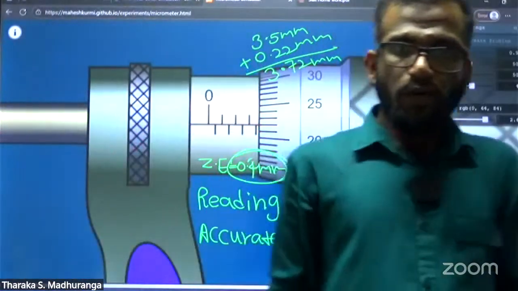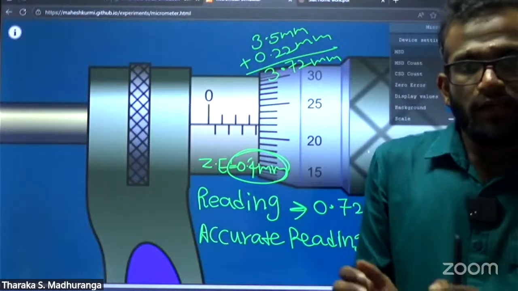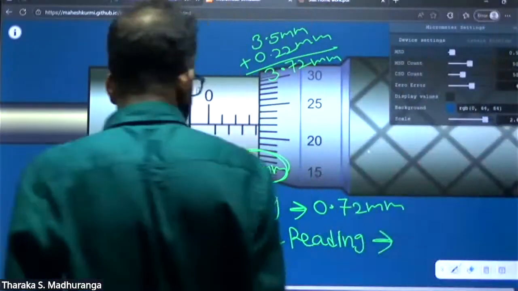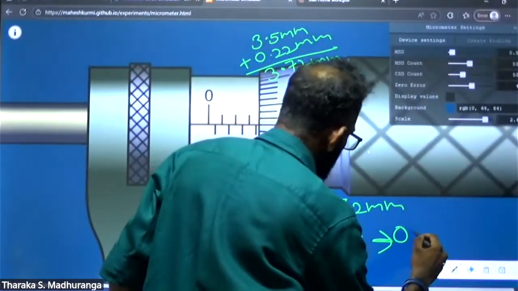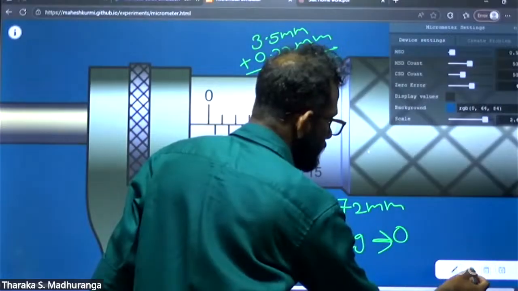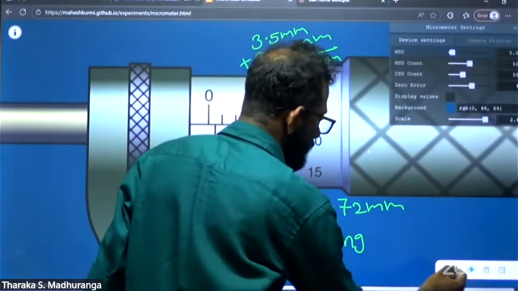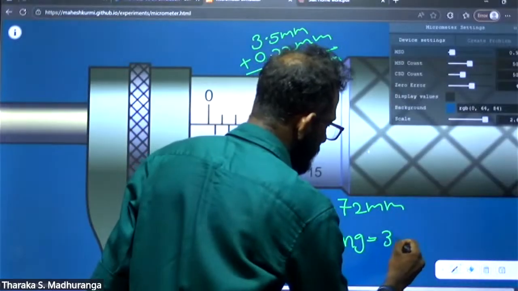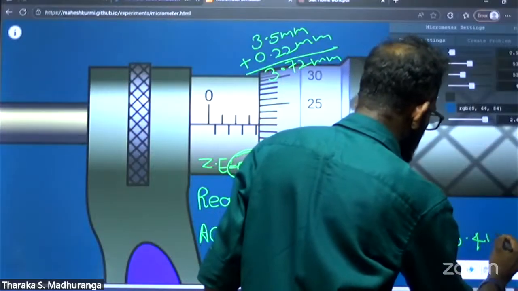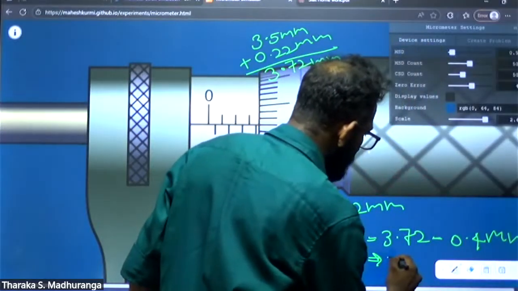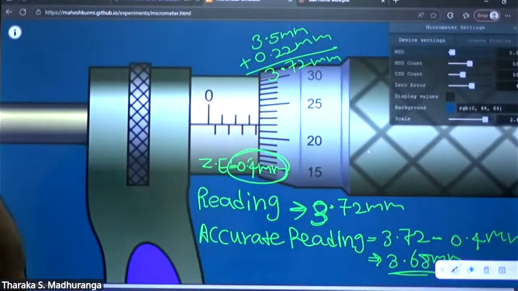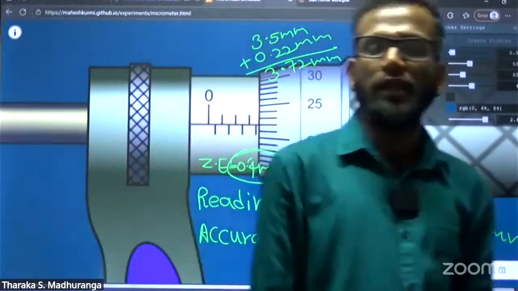With a positive zero error, to get the accurate actual reading, we need to subtract this positive zero error from the reading. 3.72 minus 0.4 millimeter is 3.68 millimeter. 3.68 millimeter is the accurate reading.